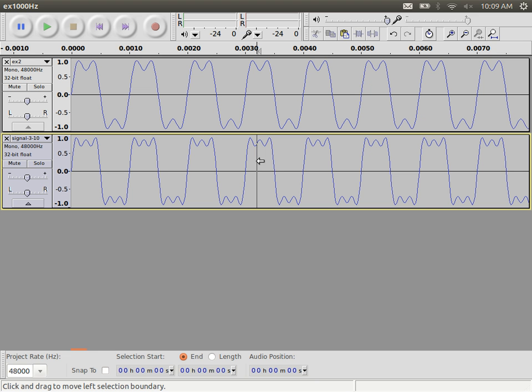Frequency of the first component. Frequency of this component, 1,000, same as before. Second component, 3,000, that's the same as before in signal A. Last component, 5,000. You see the pattern happening there.